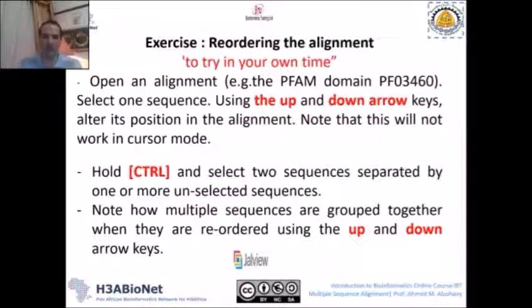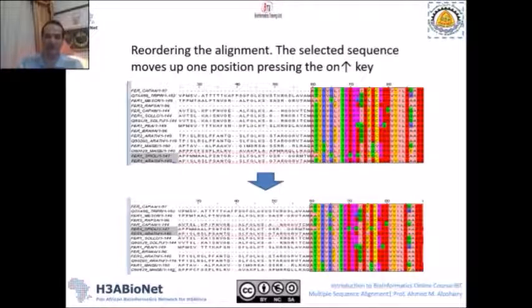This small exercise is for you to do in your own time, just to see how you can order sequences by using arrows, and see how easily we can use the arrow keys to reorder the sequences. You will see that using the arrows you can simply move sequences from this position to this position only by using the arrow keys.